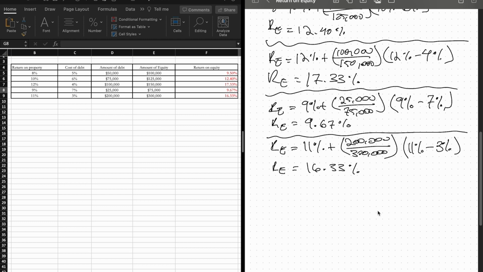Now, an interesting thing to point out is that the properties that have the lowest cost of debt are the ones that are yielding the highest returns on equity. And that is something that is pretty typical in the real estate industry, and the reason why debt is used on investments.